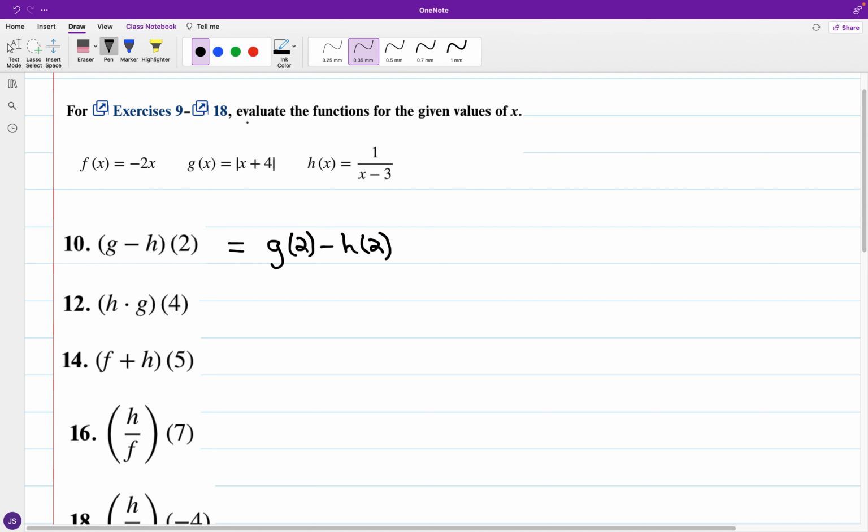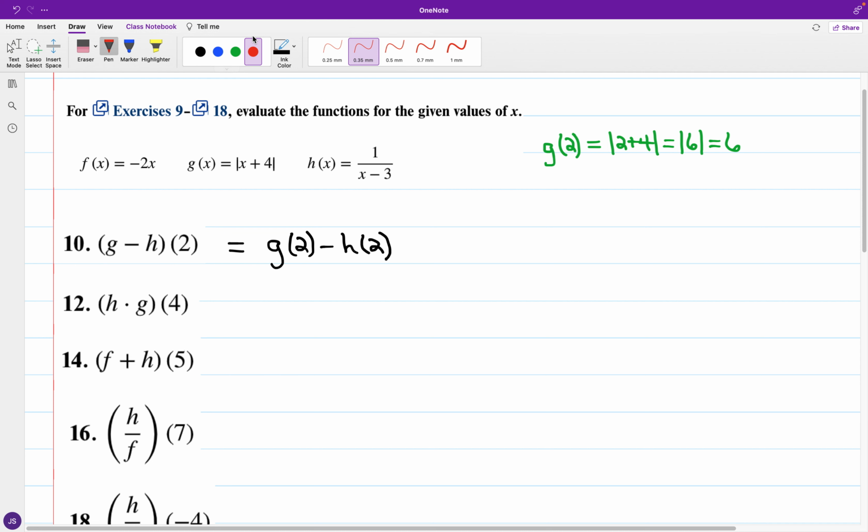For g of 2, we're looking at the absolute value of 2 plus 4. 2 plus 4 is 6, and the absolute value of 6 is 6.